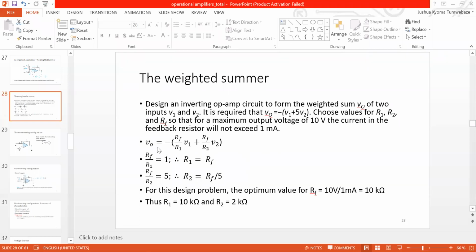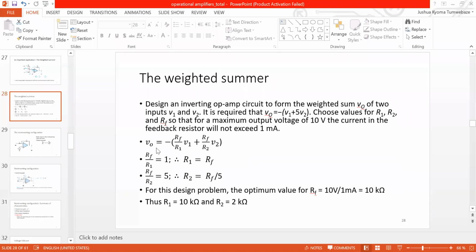Our V0 is simply given by this equation. V0 is minus, then in brackets we have RF over R1 times V1, plus RF over R2 times V2.